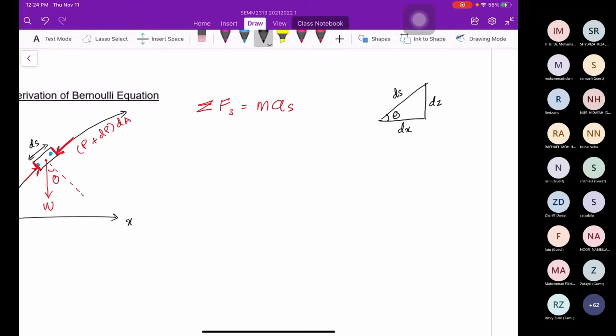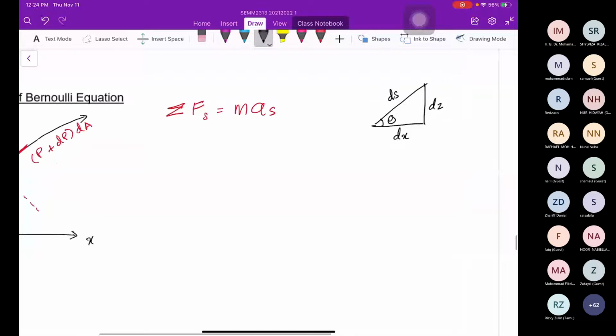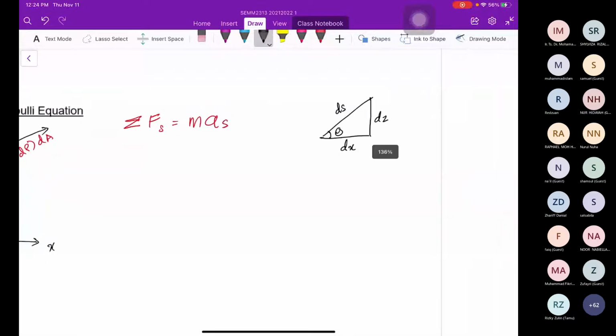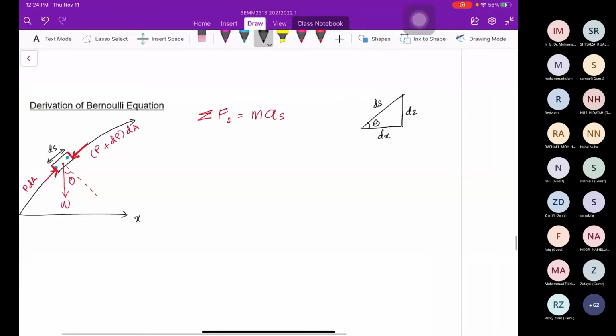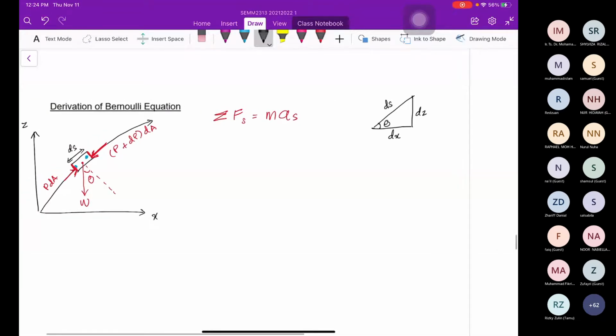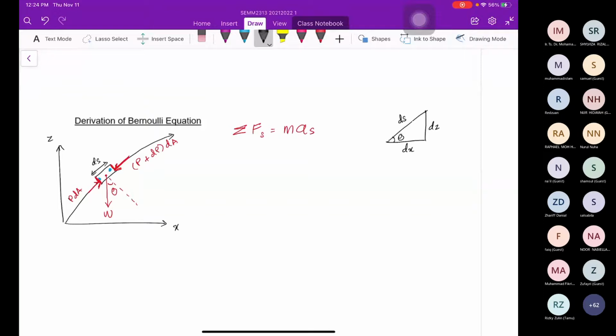So we want to show you the triangle. Now start with the summation of force in the streamline direction equal to ma. The force acting to the right is positive, left negative.